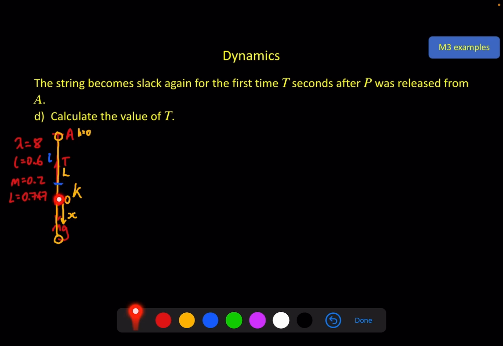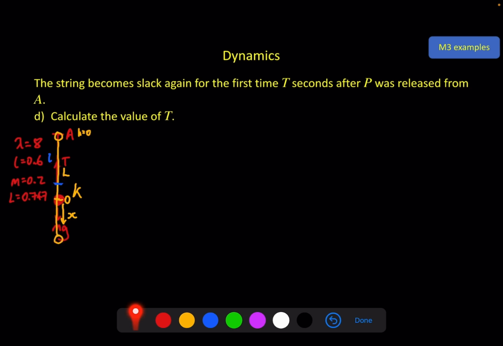It goes through the center of oscillation, out the other side, slows down, instantaneous rest at K, comes back through the center to this point, and this is where the string becomes slack again. And we're asking for the time after released from A. So it's all of this motion freely under gravity, and then from here, simple harmonic motion all the way back to here.